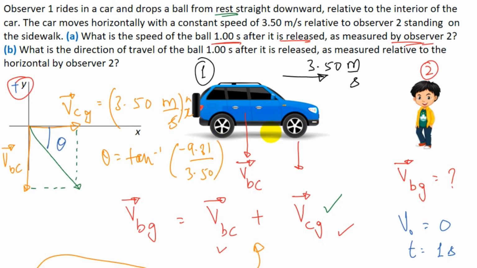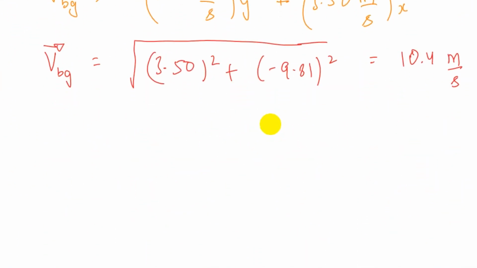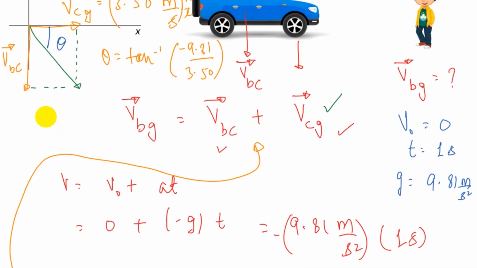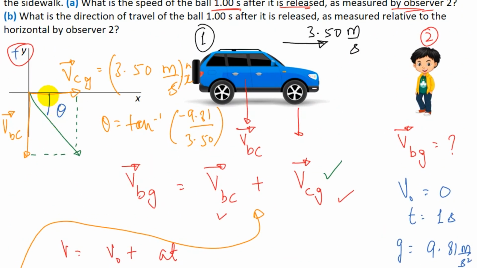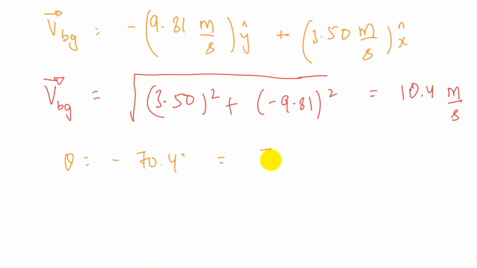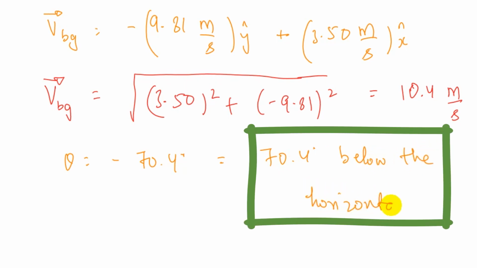Using your calculator, we get theta to be minus 70.4 degrees. And why is this minus? Because it is below the x-axis. So this angle is 70.4 degrees, or we can write it as 70.4 degrees below the horizontal. So this would be the answer for the B part.